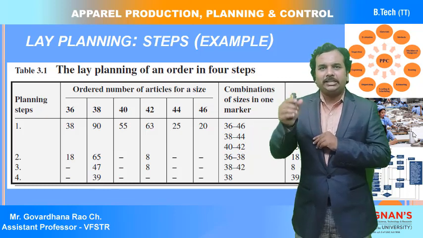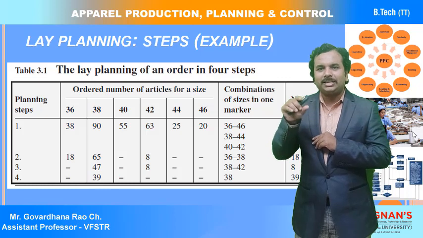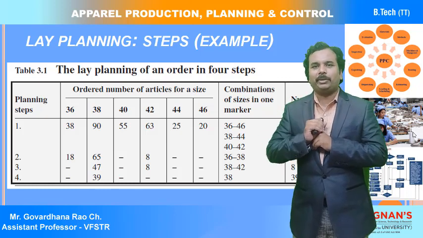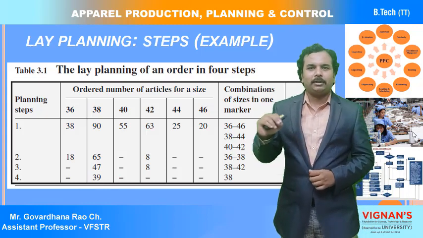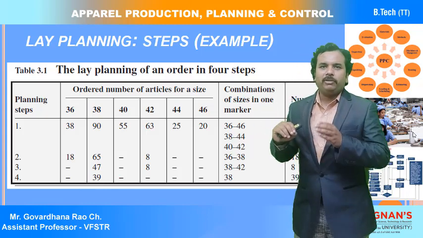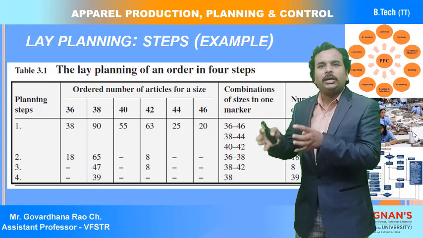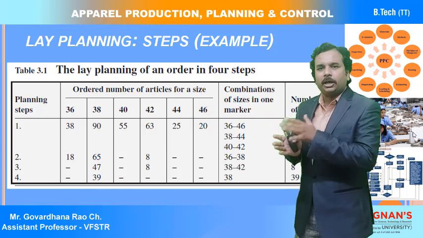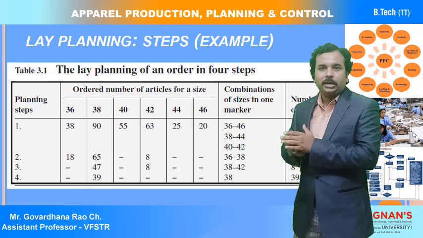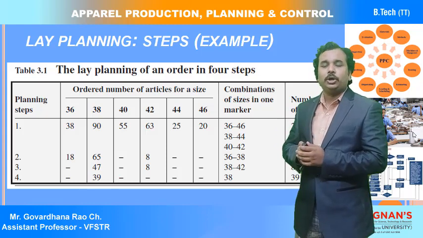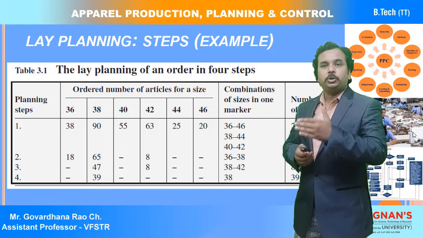So in the 36 size, you can observe that we still need to prepare 80 number of garments because 20 plies are done. So in one marker we have 2 sizes only. So we are going to complete total 20 number of garments in the particular marker by using the 20 plies. Okay. So similarly, all the markers are going to be prepared and we are going to complete the order.